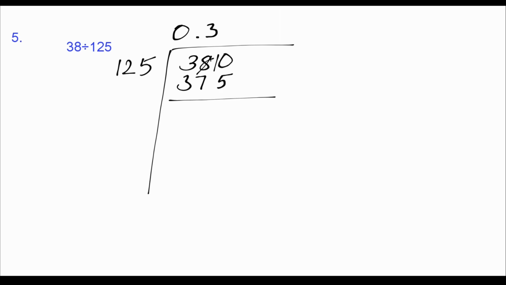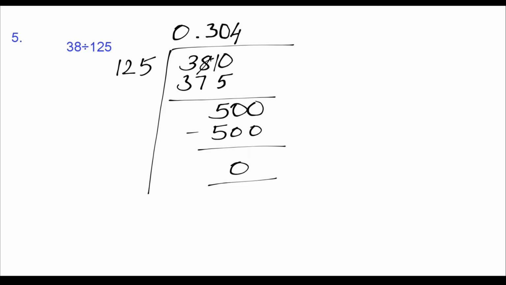So when we subtract, we have 5 remainder. And I can add a 0 and still it is not divisible. So I am adding another 0 in the quotient and I am adding 0 here. So it becomes 500. 125 4s are 500. And that's how we got the remainder as 0. So here our quotient is 0.304. Remainder is 0.